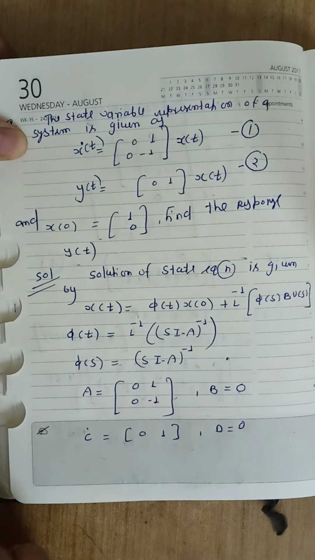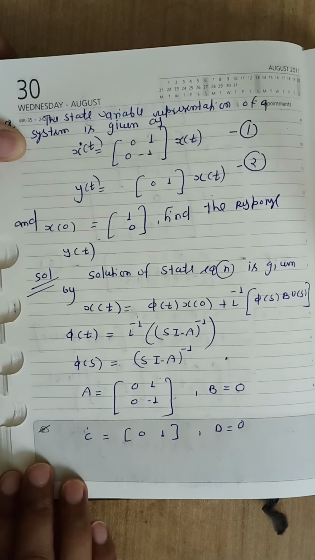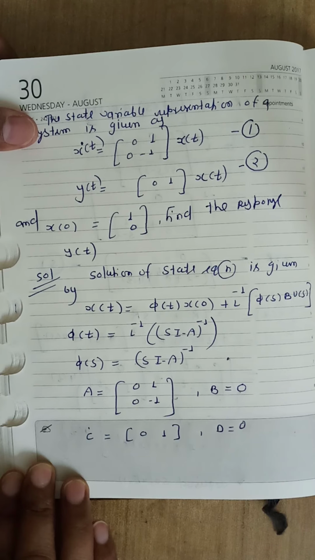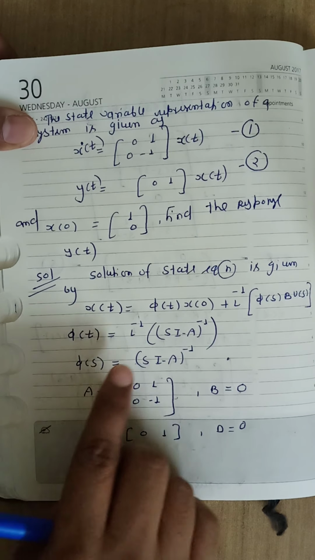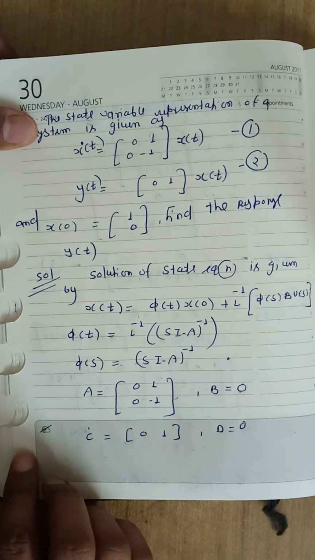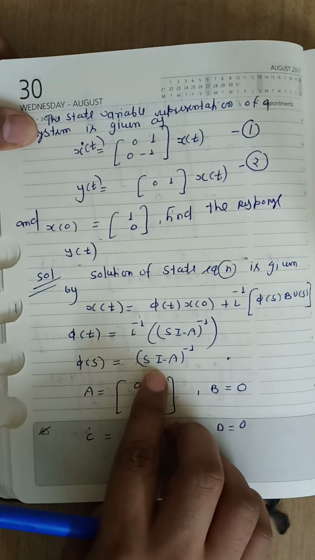Because in the formula we have phi of t x of 0 plus inverse Laplace of phi of s B U of s. And phi of t is inverse Laplace of (sI minus A) inverse, and phi of s is (sI minus A) inverse.